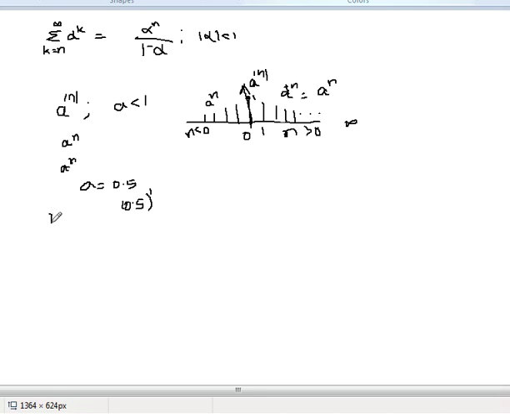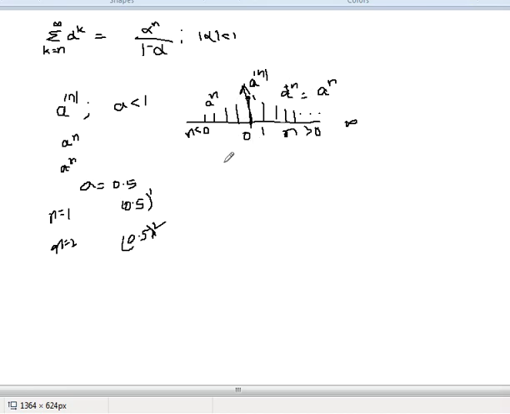Similarly, when n is equal to 2, the signal will take 0.5 raised to 2. 0.5 squared is 0.25, so it is again lesser than that. So it is a to the power n, and on this side, when n is minus 1, it has to become 0.5 raised to minus 1, means it is 1 by 2. So for that, let's take the signal when n is equal to minus 1.